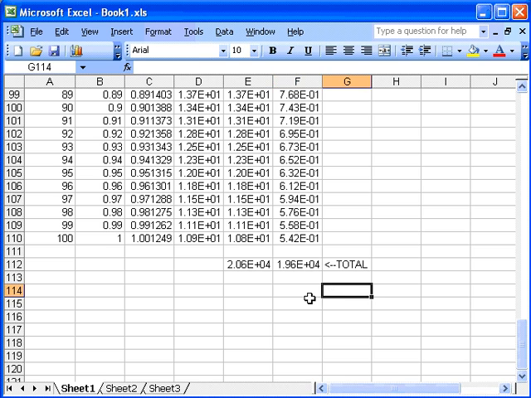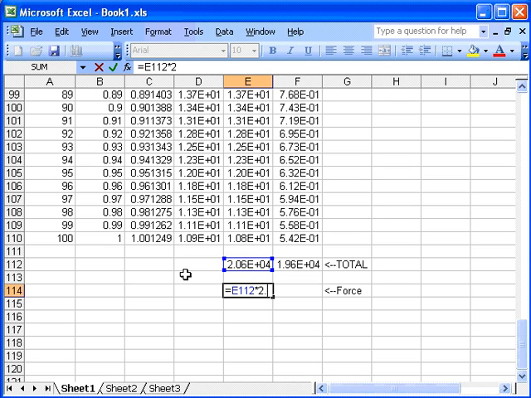So this would be, I'll call this the force. And it's going to be equal to this times 2.46 E minus 12. And I can copy this one over to there.